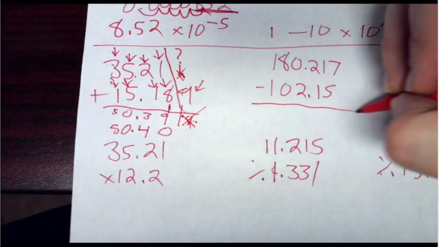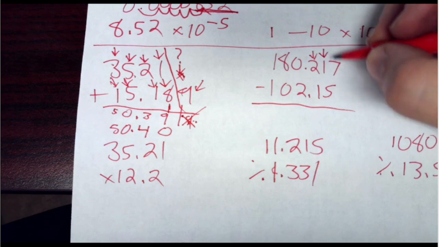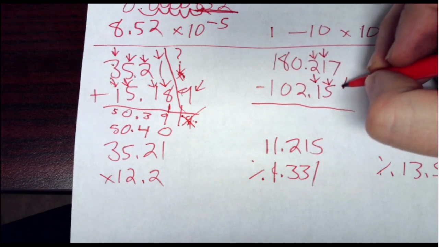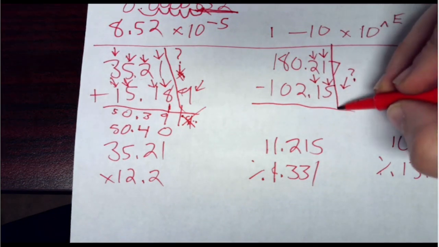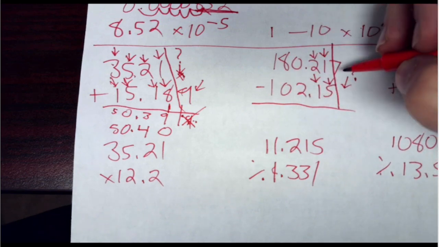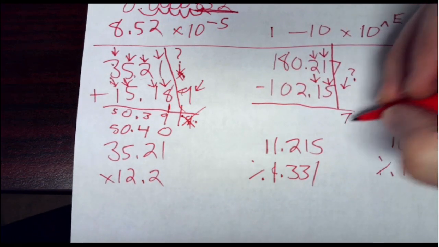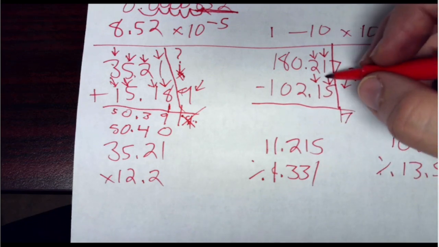Same way. I know this, I know this, I know this, I know this, but I don't know that. That is a big question mark. So I look at the position. I do this math. 7 minus nothing, or whatever, is 7. 1 minus 5, I have to carry 1 over.